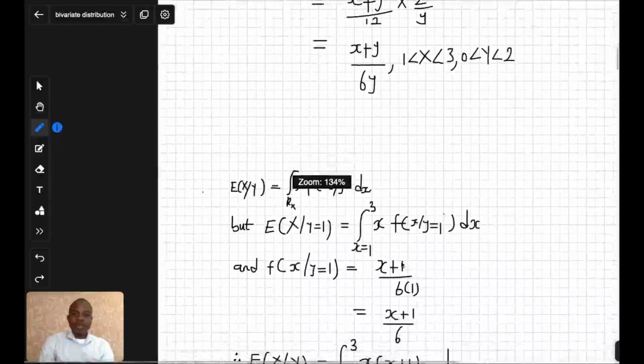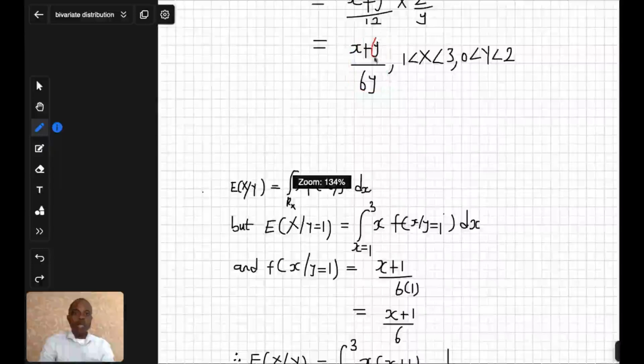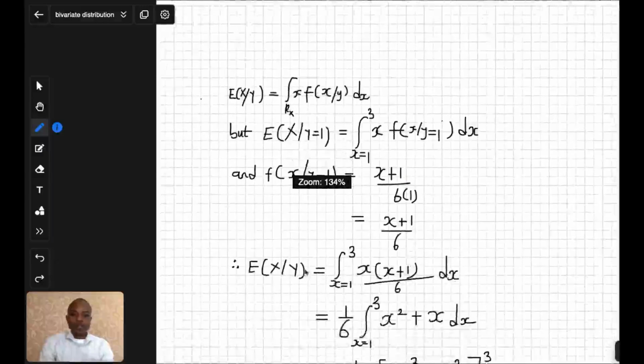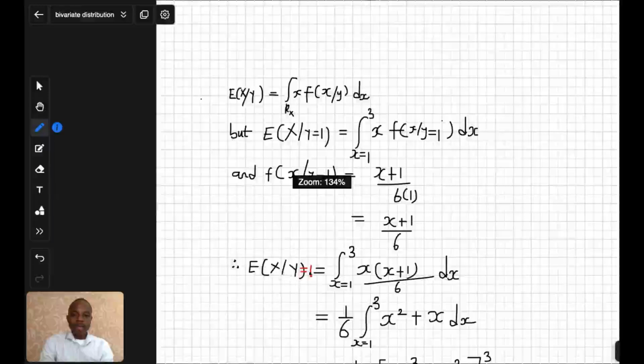Now we substitute 1 in any place where we find y. Don't forget y is here and y is here. So we put 1 in the places where we find y. And then when we do that, we get x plus 1. Actually, there's supposed to be an expected value of x given y equal to 1 here, before you have the bracket.